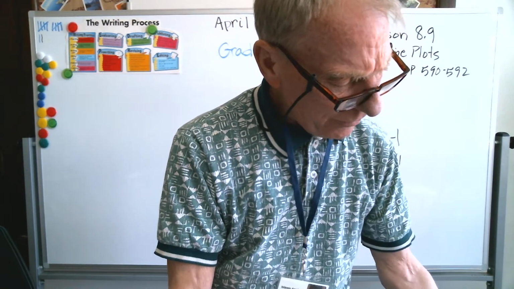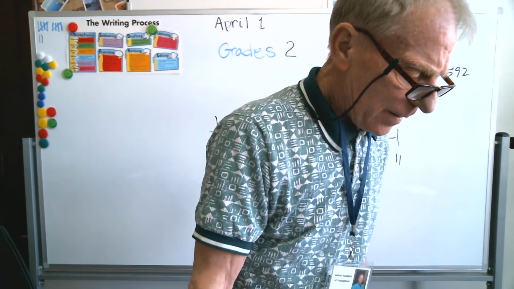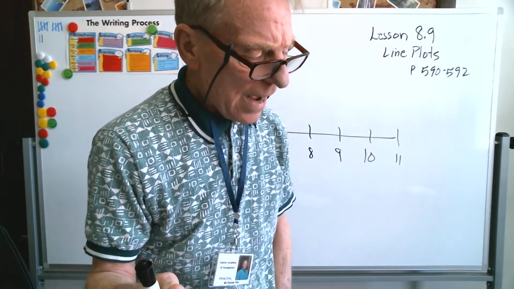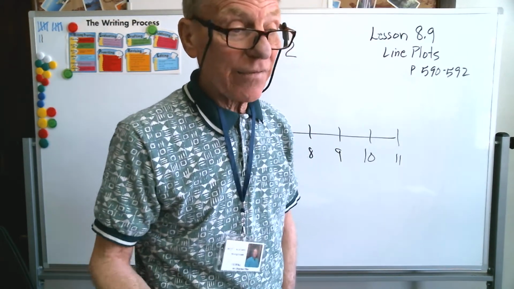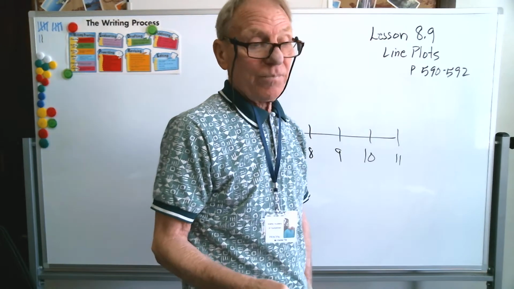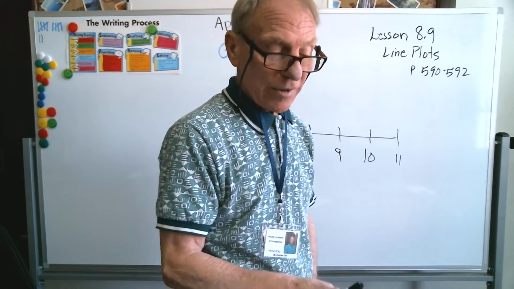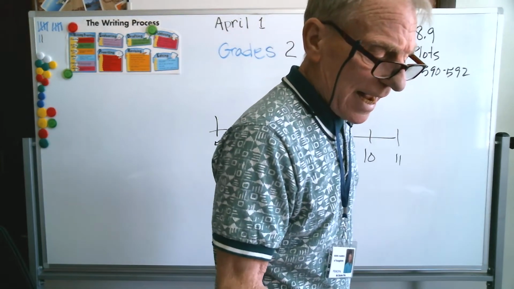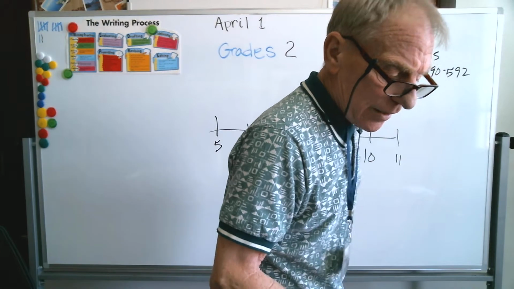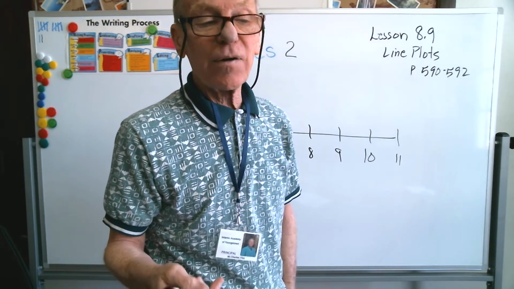If we go to page 592, looking at problem 6 and 7. On problem 6 and 7, they give you the data. And the data is usually in the form of a table somewhere where it's been gathered and collected. Number 6 says use the data in a list to complete a line plot. And there, they're looking at the length of ribbons.